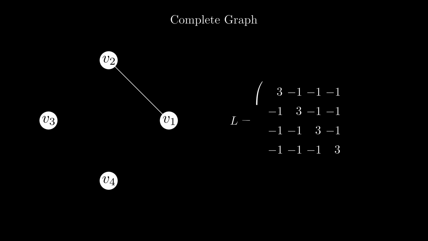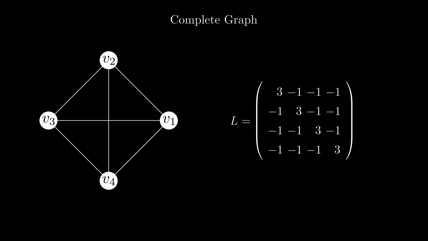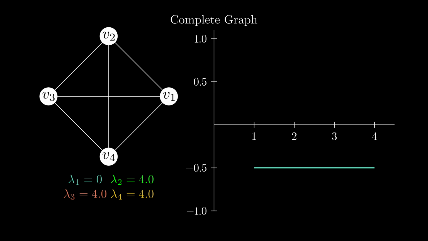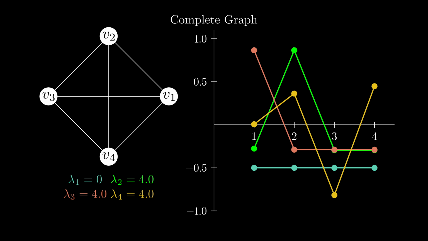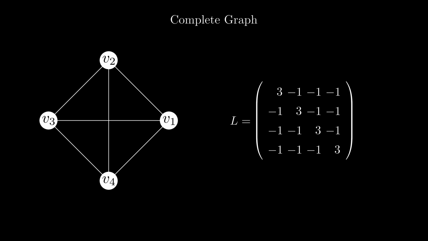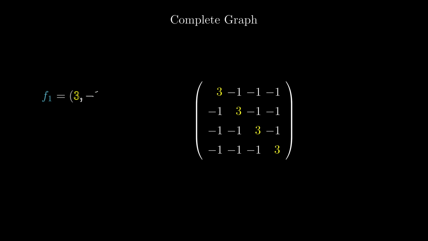Another good example that symmetry impacts the multiplicity of eigenvalues is a complete graph. The complete graph only has 2 eigenvalues, 0 and n, where n is the number of vertices, and the multiplicity of n is n-1. My intuitive way to make sense of this multiplicity is to think about the permutation.